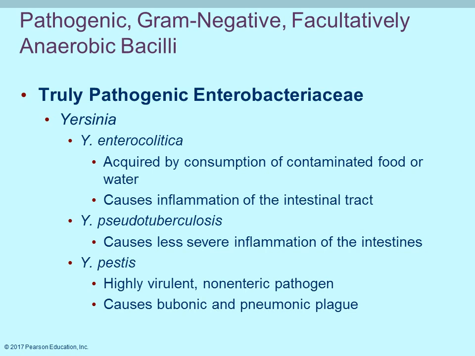There is one species, Yersinia pestis, that is very, very highly virulent. It is a non-enteric pathogen. It will cause diseases other than those associated with the gastrointestinal tract. Yersinia pestis is the causative agent of bubonic plague and pneumonic plague.